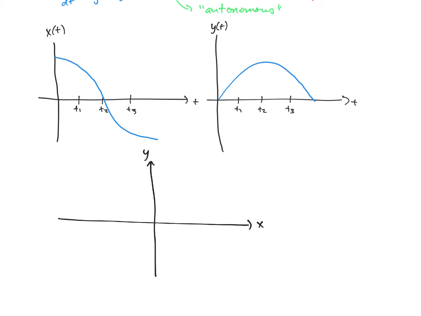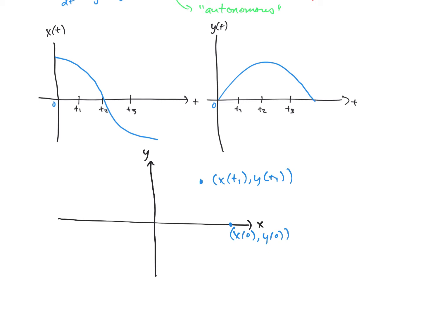So at 0, we have y is 0 and x is over here. So here's x of 0. This is the ordered pair, x of 0, y of 0. And then we get a t1, and we're over here, x of t1, y of t1.